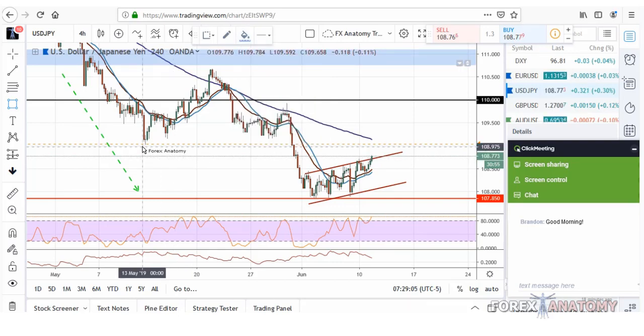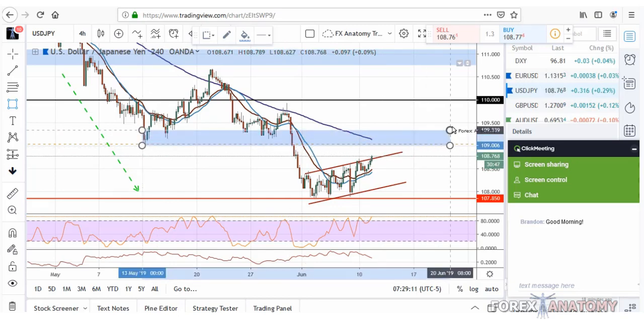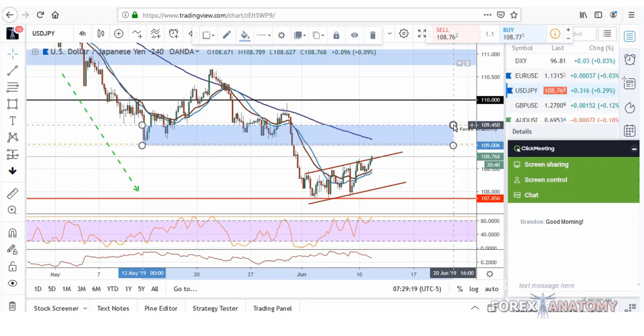We're going to draw it from this low right here all the way up to this area right here. So right around 109 flat to 109.45 is where price could potentially go, and where we may see a possible reversal in sentiment.